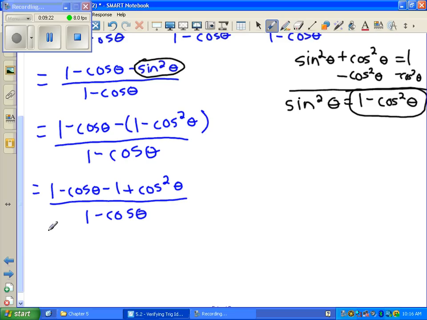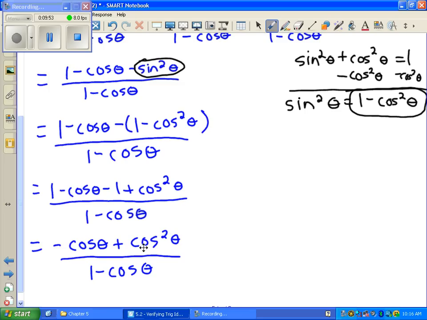My 1's will cancel, and I can rewrite this as, notice down here I have a 1 minus a cosine theta, so I can go ahead and rewrite this top as negative cosine theta plus cosine squared theta, and it is all over 1 minus cosine theta.